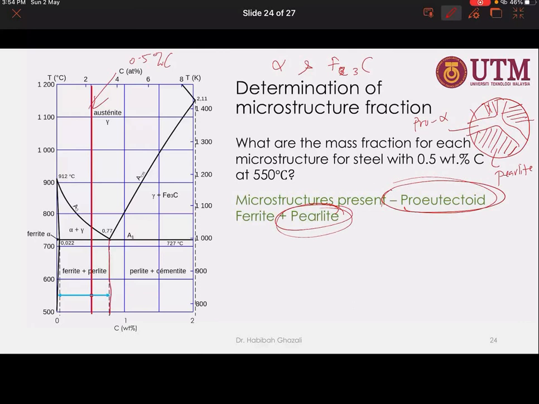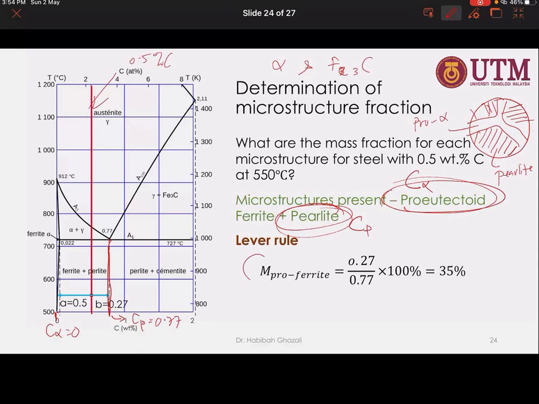To do that, we need to identify the composition of this one and this one. So pearlite is here. You need to obtain C pearlite and C alpha. C alpha is equal to 0, and C pearlite is equal to 0.77. Again, similar, using the lever rule. For proeutectoid ferrite, still using C alpha, we take the length of B. How did we get 0.27? It is 0.77 minus 0.5.